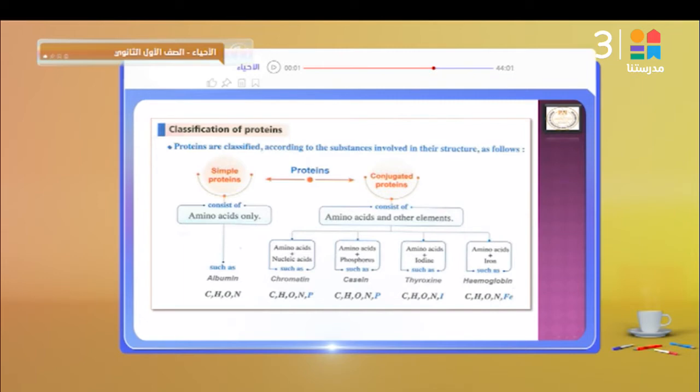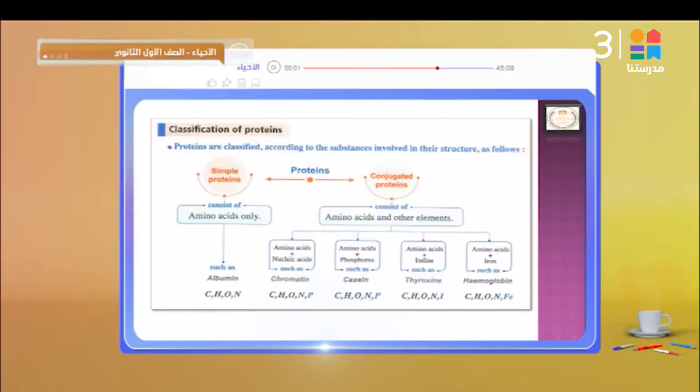Okay. Number 3, amino acid plus phosphorus enters the structure of casein. What's the meaning of casein? It is a specific type of protein found in milk. So this is a sign from Allah. اللاكتيشنز بروسيس اللي بتحدث في الأم عشان ترضع ابنها وهو صغير بيبقى فيها كل المينرال وكل البالانس دايت.